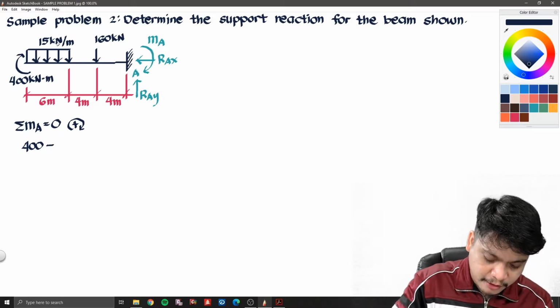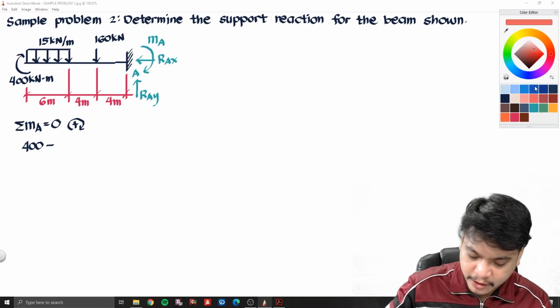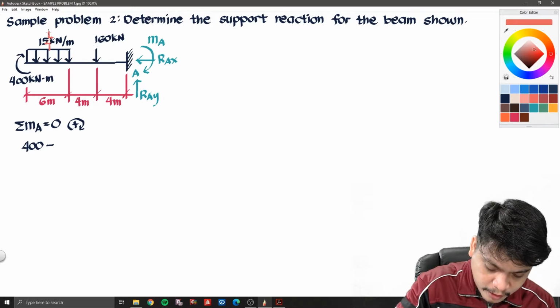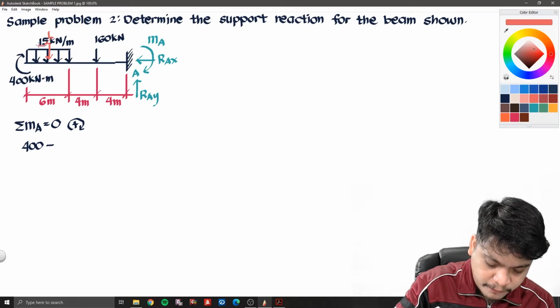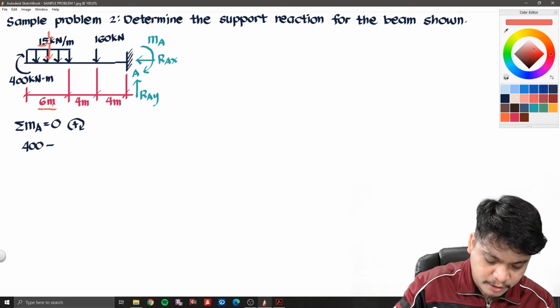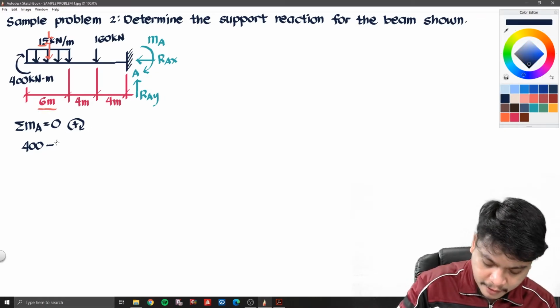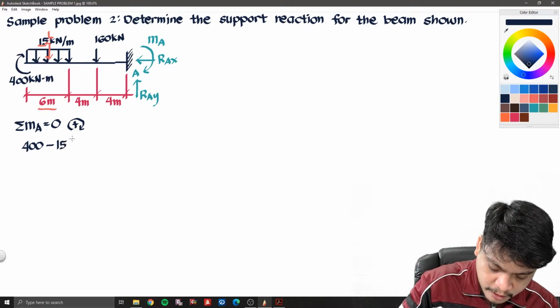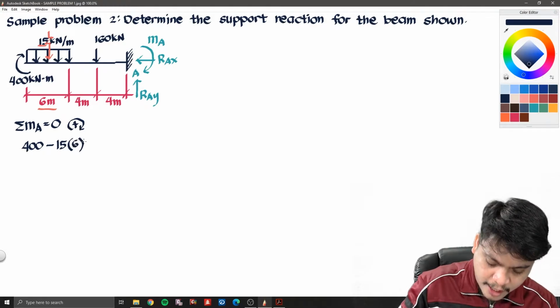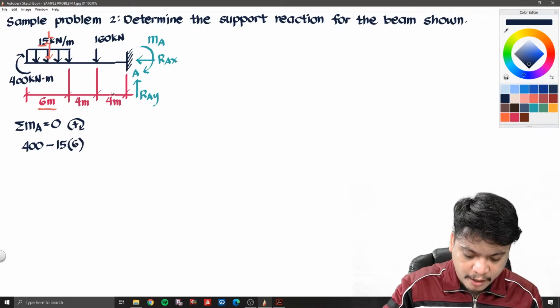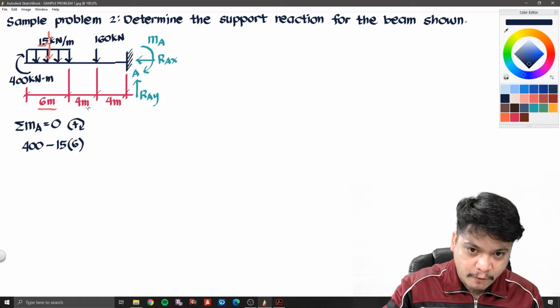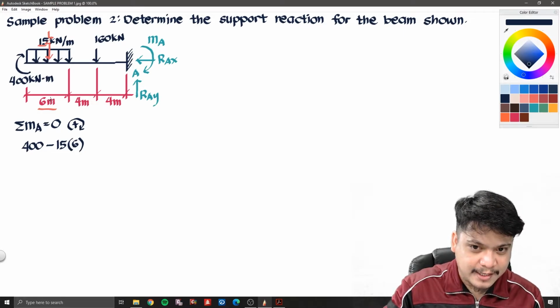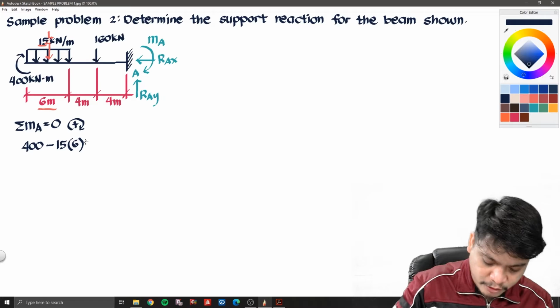So, the resultant of 15 and then 6 would lie on this point. Okay? With the magnitude of 15 multiplied natin by the 6 meters. So, you will be having there minus 15, multiplied by 6, and its distance from point A is 4 meters plus 4 meters plus kalahati ng 6. So, that is 8 plus 3.